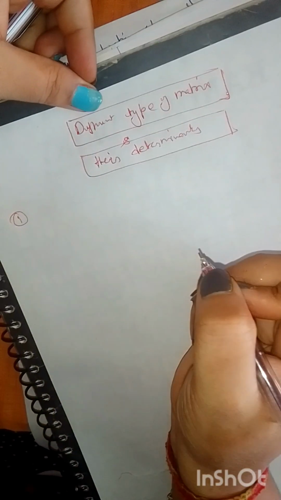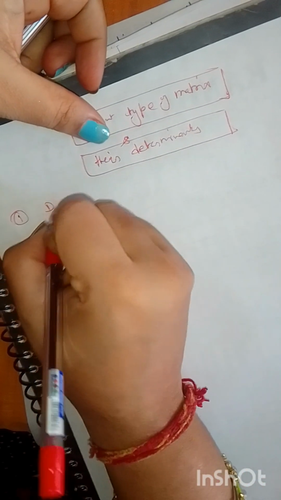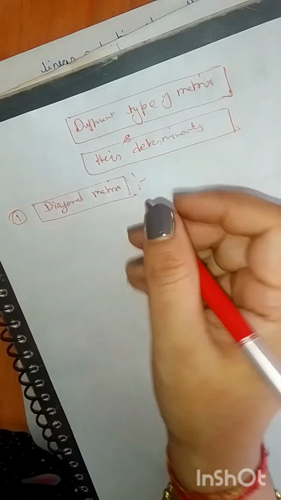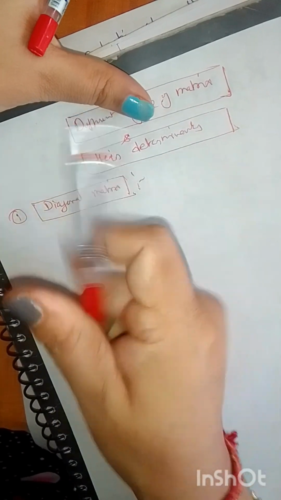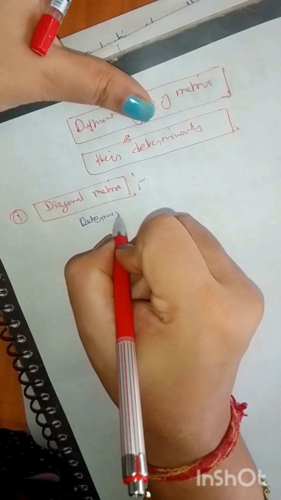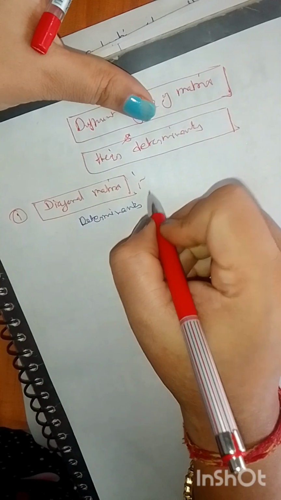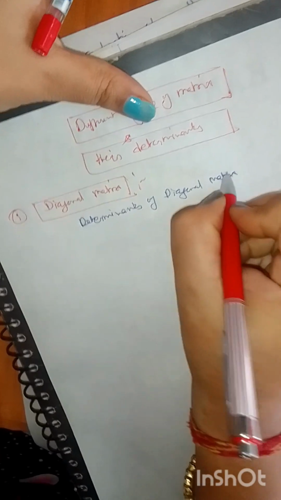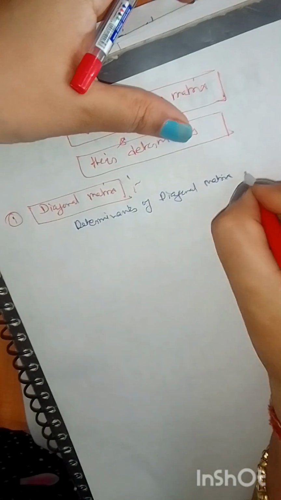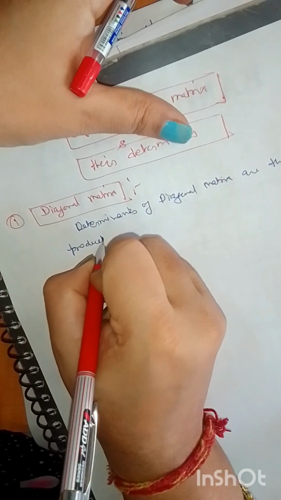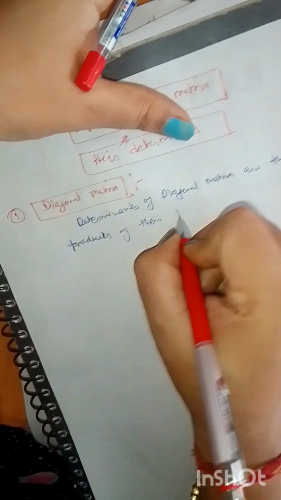So number one, diagonal matrix. What is diagonal matrix? Determinants of diagonal matrix are the products of their diagonal elements.